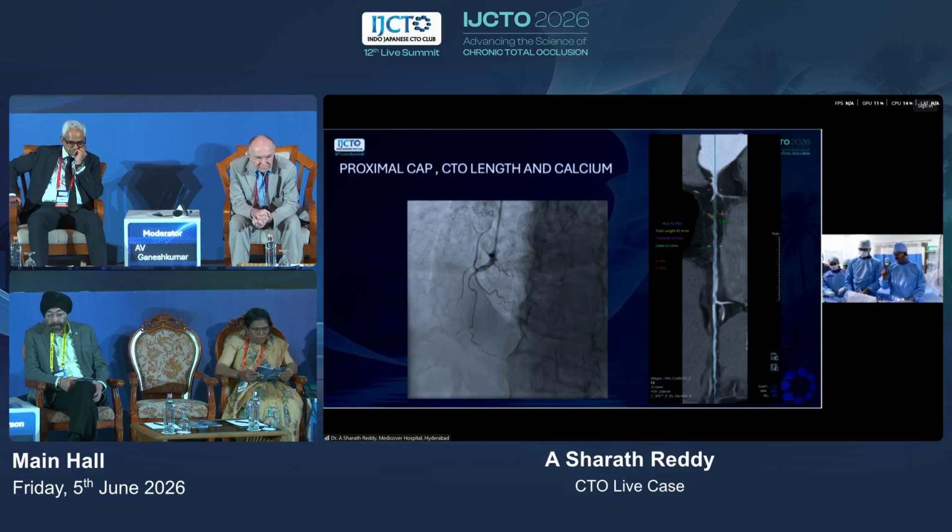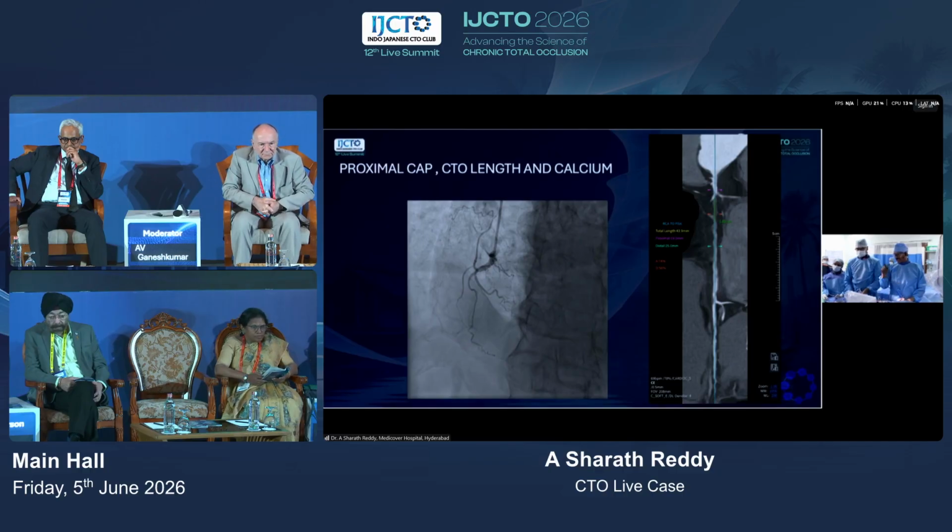We can see both in fluoro, and I've also given CT images, which you can make out. There are two branches coming off the proximal cap, and there is one branch coming off the distal cap, which you can see there. The CTO length is about 18 millimeters, and there is no calcium in the CTO, which you can clearly notice.